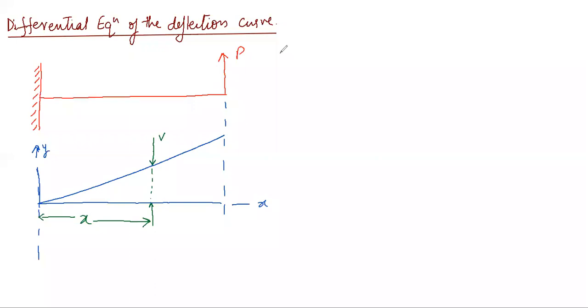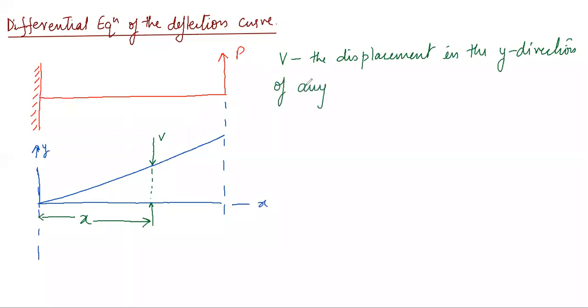So we are going to define what is V. V is the displacement in the y direction of any point on the axis of the beam, right?